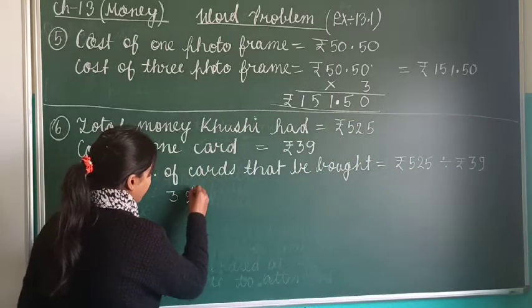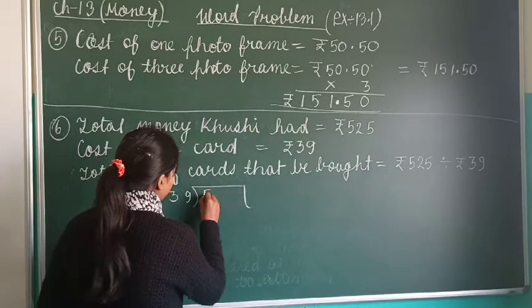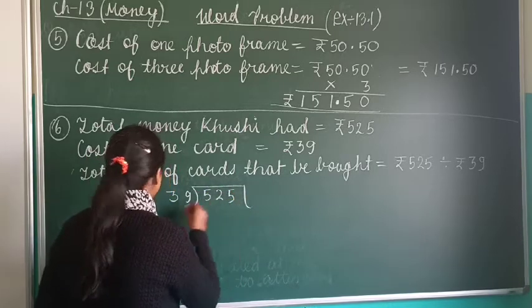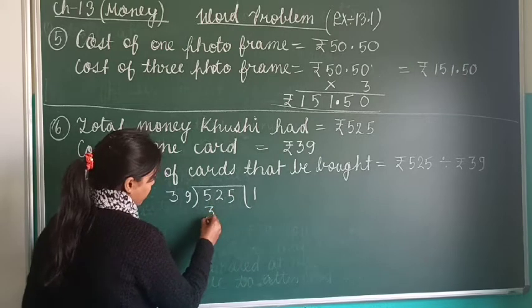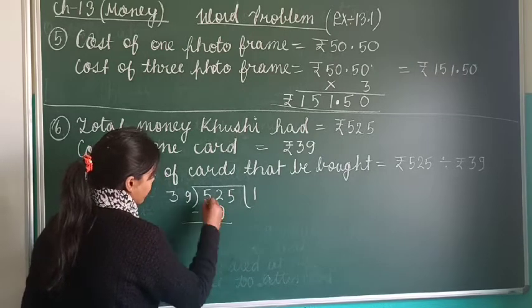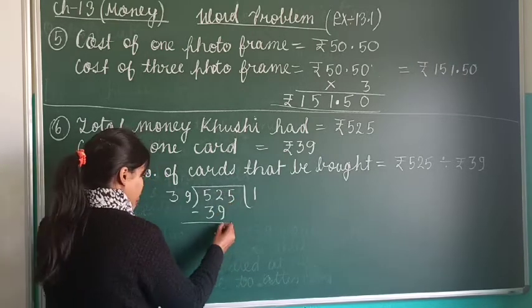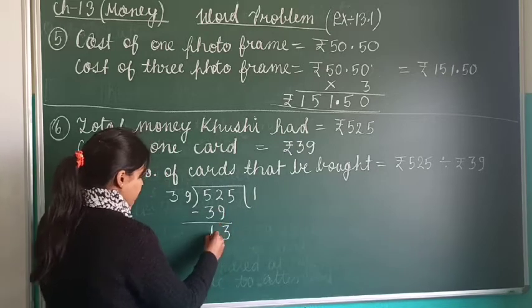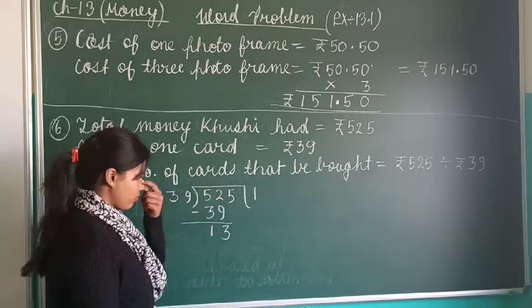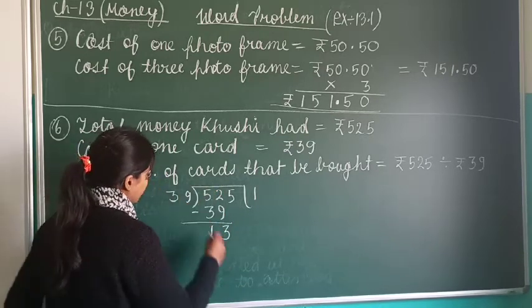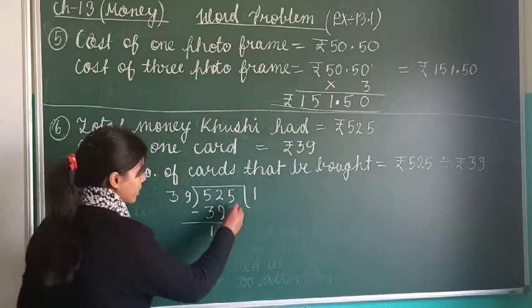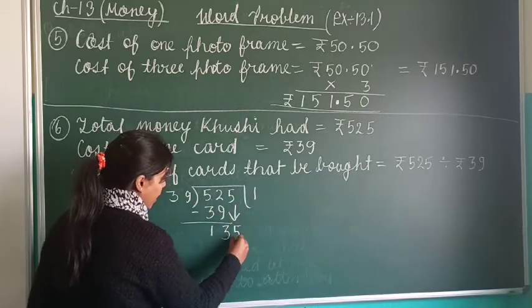39 divided into 525. So 39 ones are 39. Subtracted, how much do we get? 12 minus 9 is equal to 3, and 4 minus 1, if this has given 10, so 4 minus 3, 1. Now in the table of 39, obviously 13 will not come, so we will bring this 5 down.